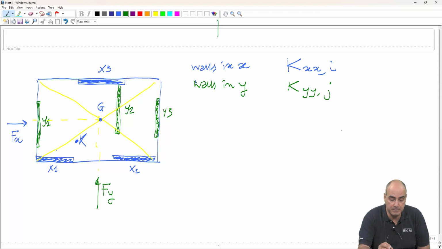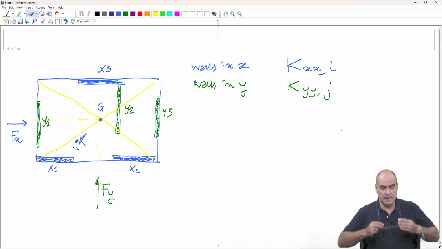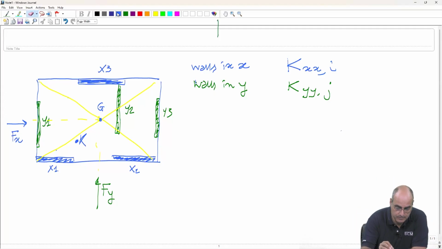Well, you can expect a motion centered in the center of stiffness.